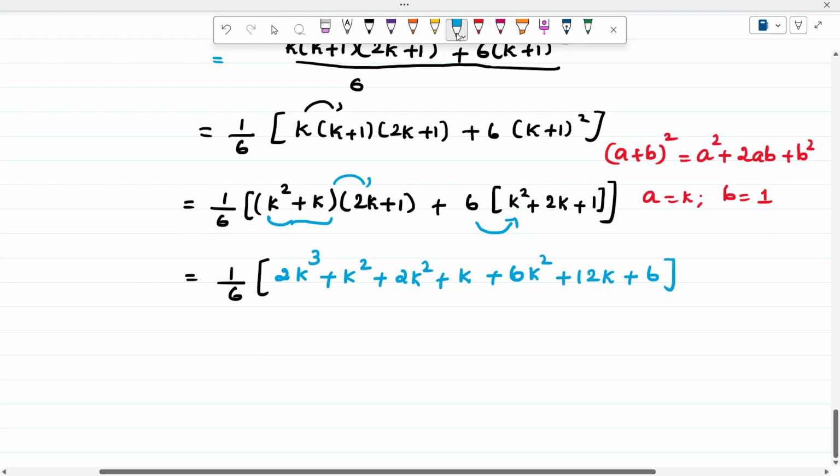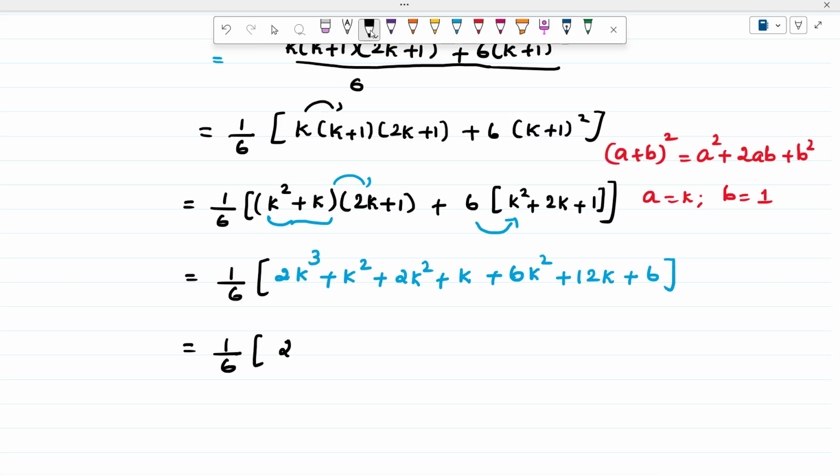Next we have to combine the terms, which is equal to 1 by 6 into, here only one term consists of k cube. Therefore we can write it as 2k cube plus, next we have to combine the k square terms. It is k square, 2k square plus 6k square.